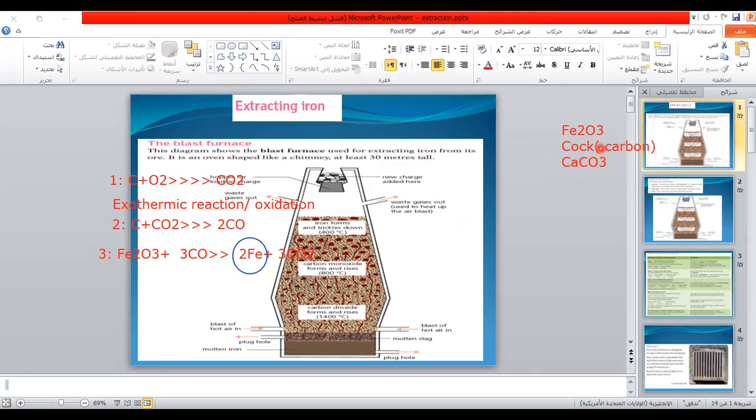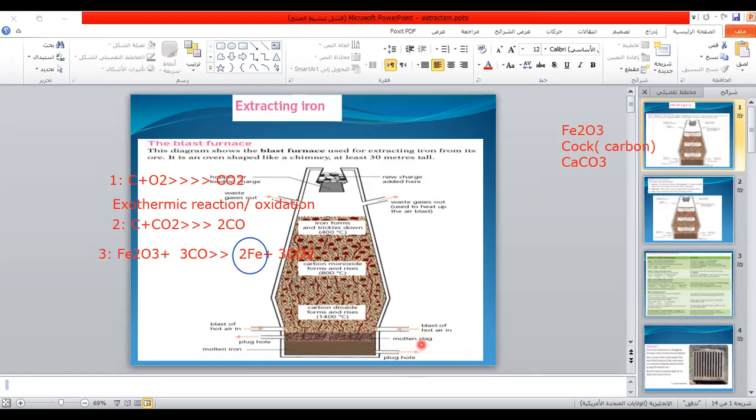The mixture will go down, where hot air enters. Carbon will react with oxygen to form carbon dioxide. Then, number 2, carbon will react with carbon dioxide to form carbon monoxide. Number 3, hematite, which is Fe2O3, will react with carbon monoxide to form iron and carbon dioxide.